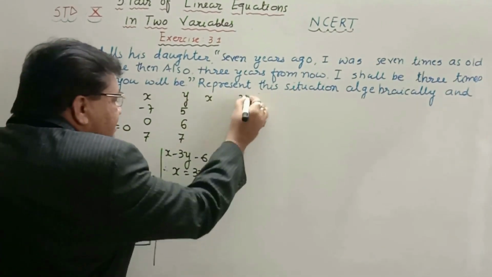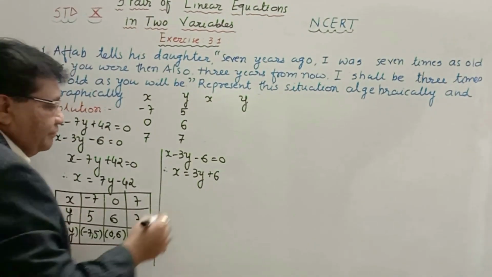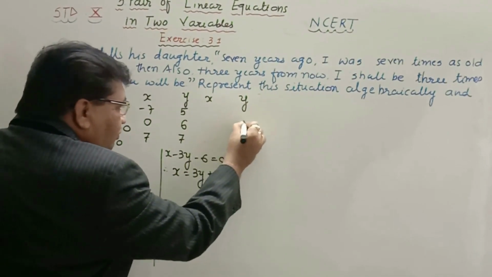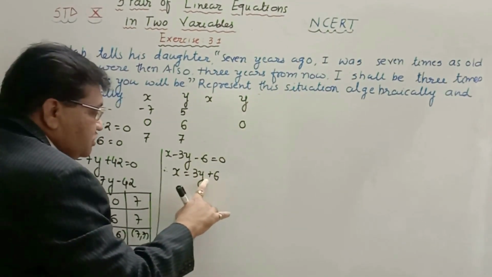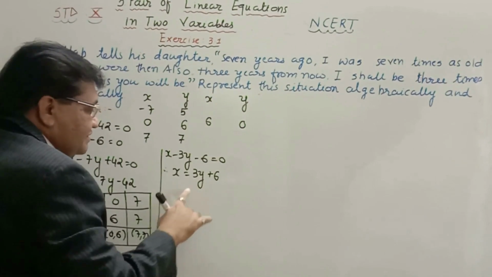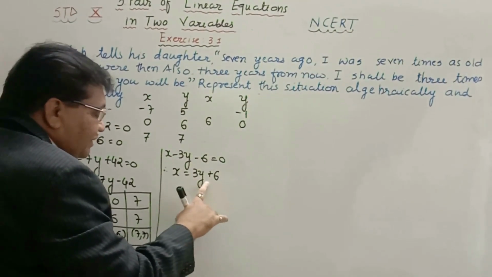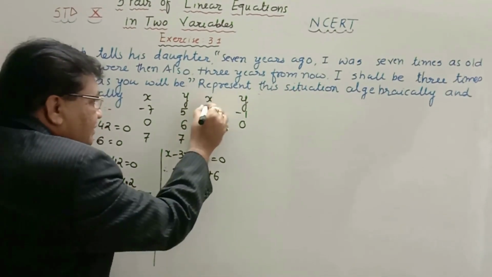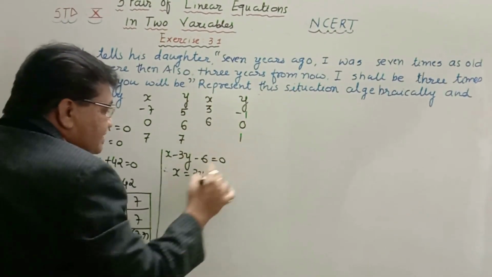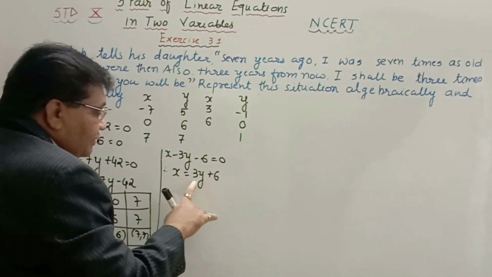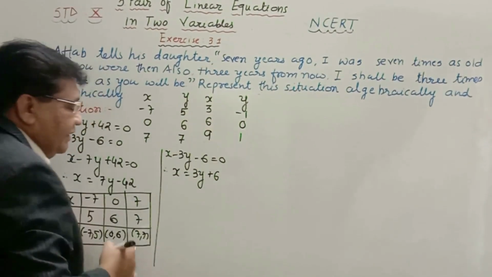Again we assume the values of x and y. We take y is equal to 0. 3 into 0, 0 plus 6, x becomes 6. We take y is equal to minus 1. 3 into minus 1, minus 3 plus 6, it is 3. And y is equal to 1. Then 3 into 1, 3 plus 6, it will be 9.